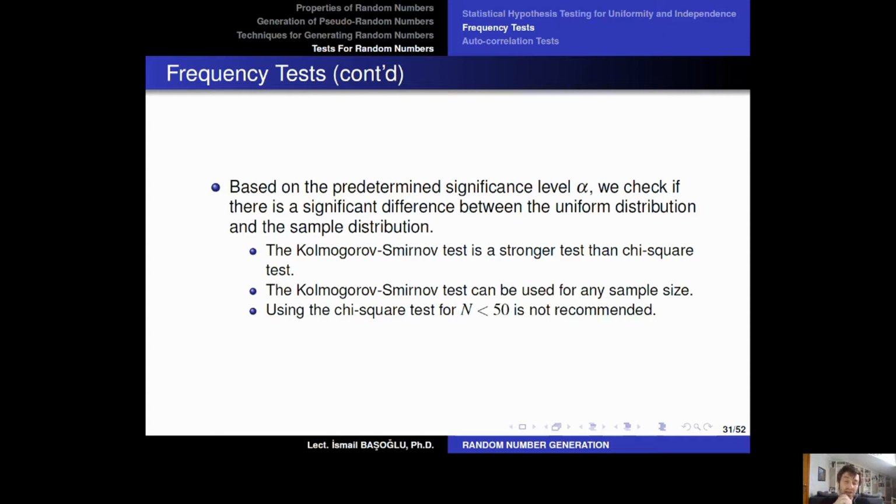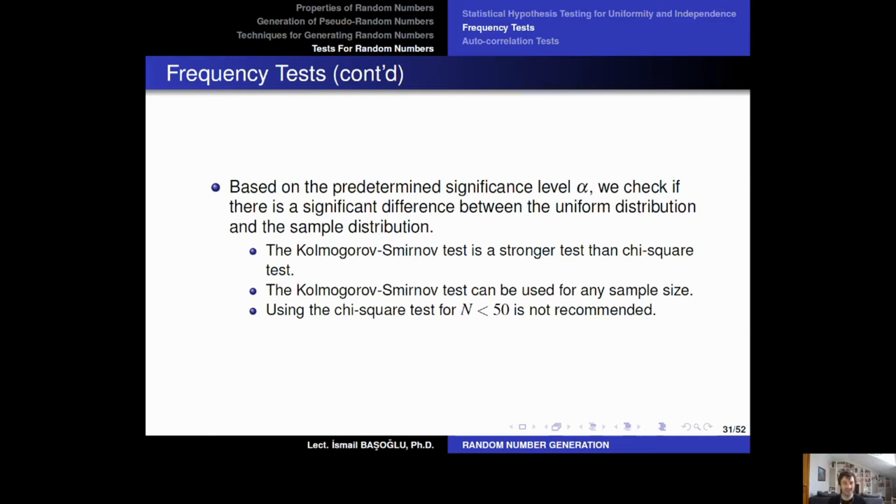However, the chi-square test is only usable when your sample size is greater than 50 at least. Here 50 is basically an arbitrary number given by the literature, but what we want to indicate is that if you want to use the chi-square test as a frequency test, the sample size must be large enough. So that's basically the golden rule here.